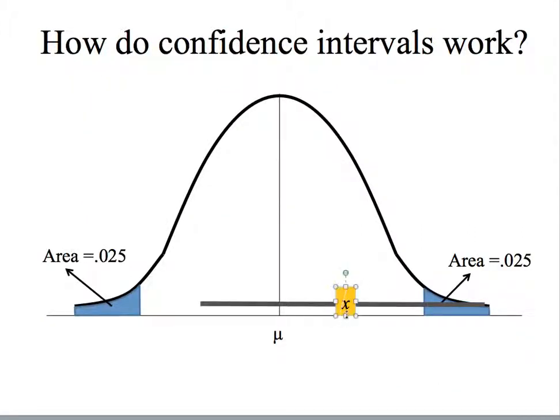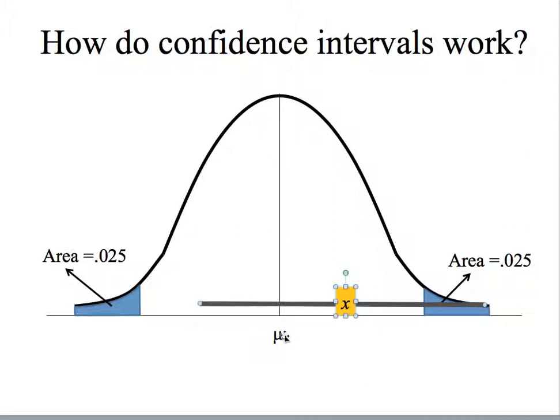So we will never observe the population parameter, like I said. But we will take a sample. So suppose we get a sample and calculate the mean of that sample, that's x. And we calculate a confidence interval. In this case, this is a 95% confidence interval.